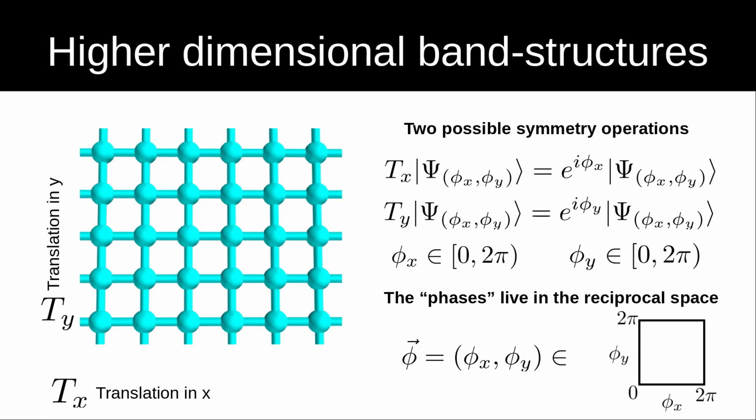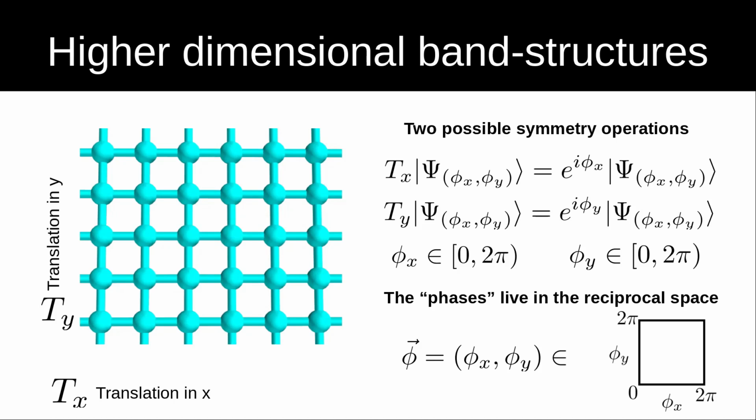When you have a two-dimensional system, for example, that has periodicity, now you have two different operators that commute with the Hamiltonian. There's the operator Tx that essentially moves our system one site to the right, and we have the operator Ty that moves our Hamiltonian one site up. And these two operators are independent.